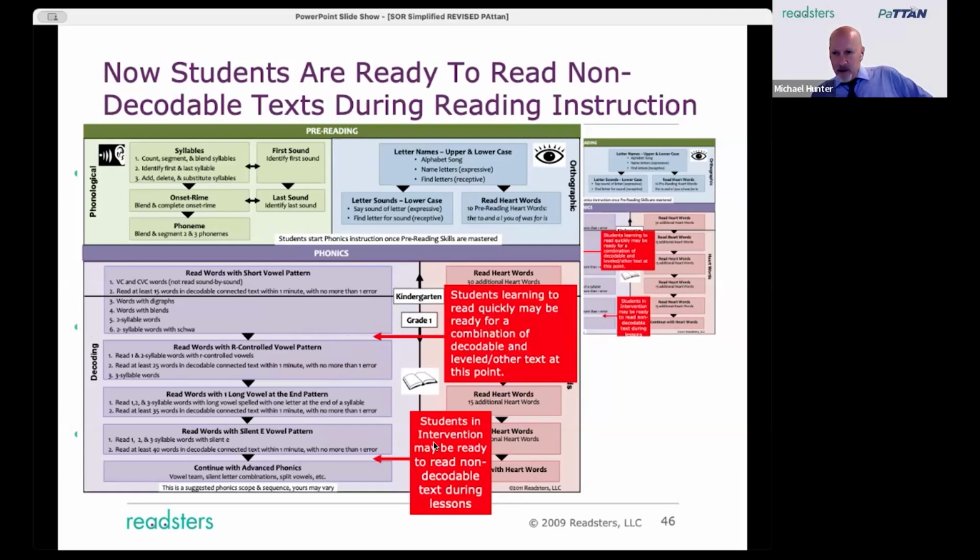For your struggling readers, I would not start the leveled reading until they've gotten through the silent E pattern with explicit instruction and practice and are showing some mastery and automaticity there. So that's another way to look at this map as a guidance for thinking about instruction.